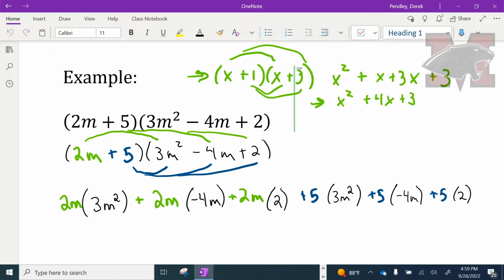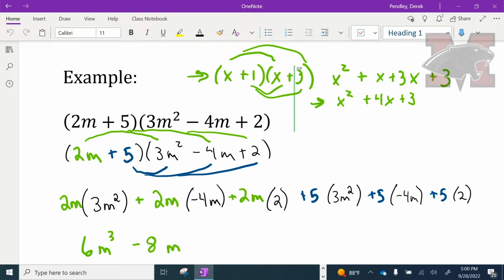Now I just need to multiply. 2 times 3 is 6. So I get my 6. And then m times m squared is m cubed. When you multiply like bases, you add the powers. So since it's m to the 1 times m squared, it's 1 plus 2 is 3. Now I have positive 2 times negative 4 gives me negative 8. m times m is m squared.